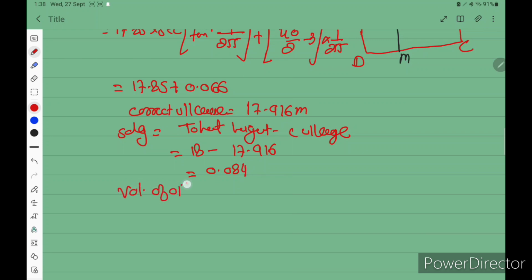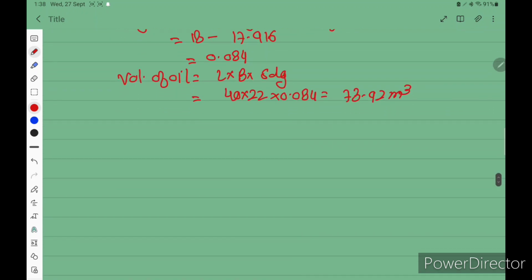So volume of oil is equal to length into breadth into sounding. So 40 into 22 into 0.084, so we get 73.92 meter cube. Now volume of oil, that is called GOV, is equal to 14 into 22 into 16.9 is equal to 14798.08.